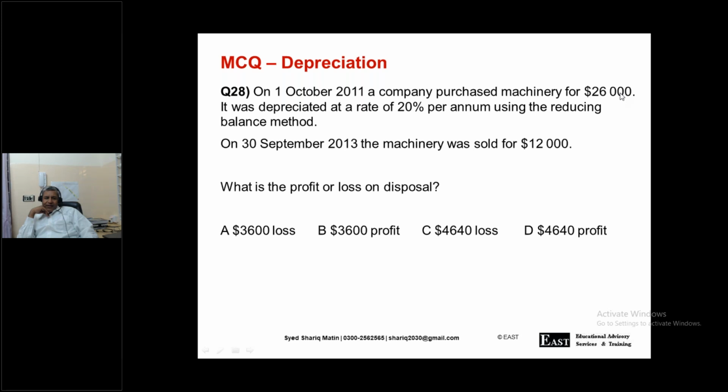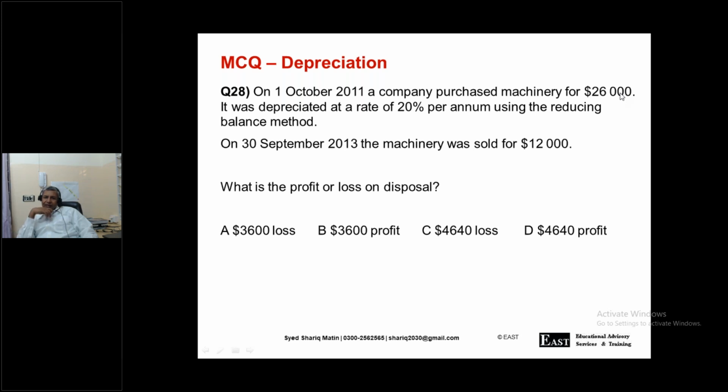So that makes 2 years of depreciation. Now when you calculate 26,000 at 20% for the first year of depreciation, we get 5,200, and then you have to subtract the depreciation of the first year, and then apply 20% again.